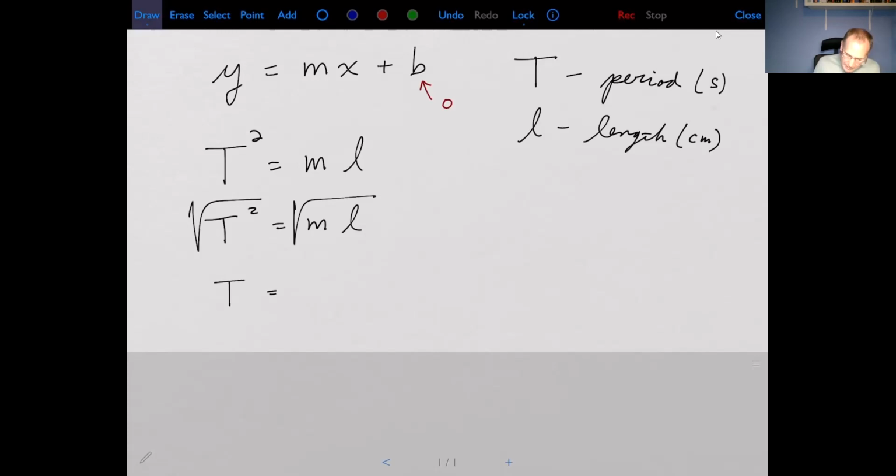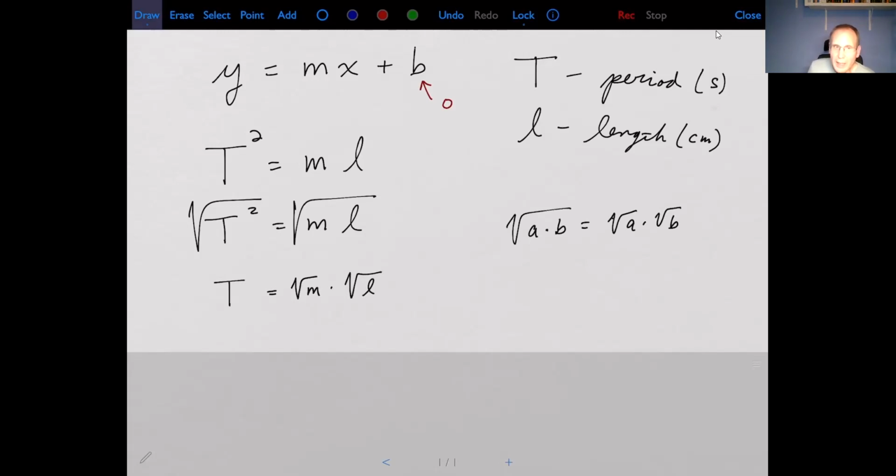And for the right-hand side, I can write this as the square root of m times the square root of L. Remember from algebra, if you have the square root of a times b, you can split this up into the square root of a times the square root of b, as long as they're both positive.